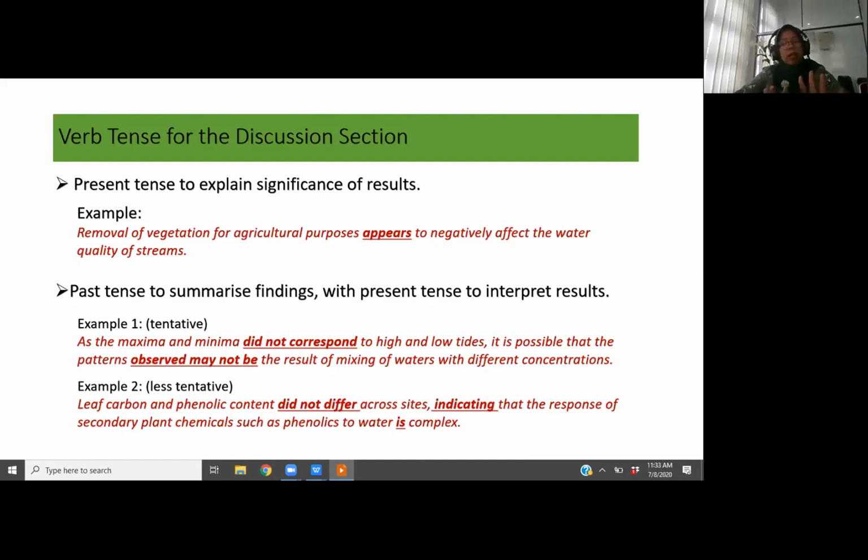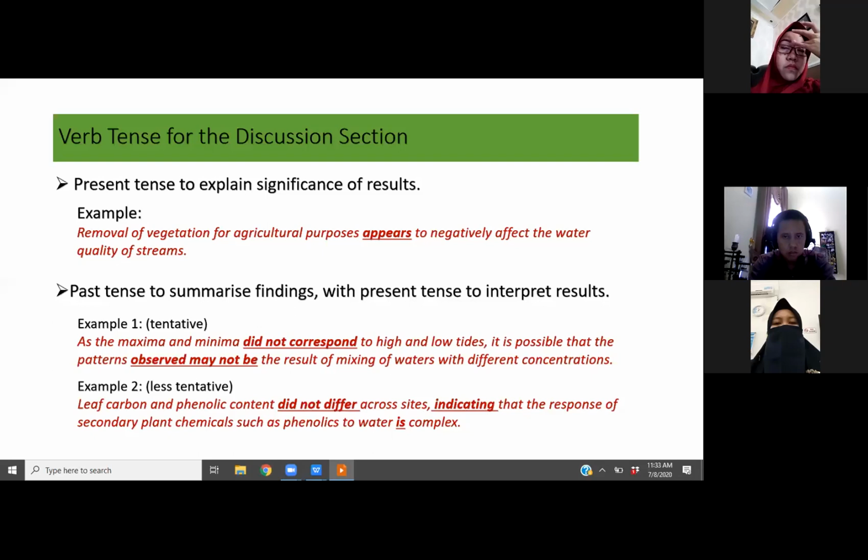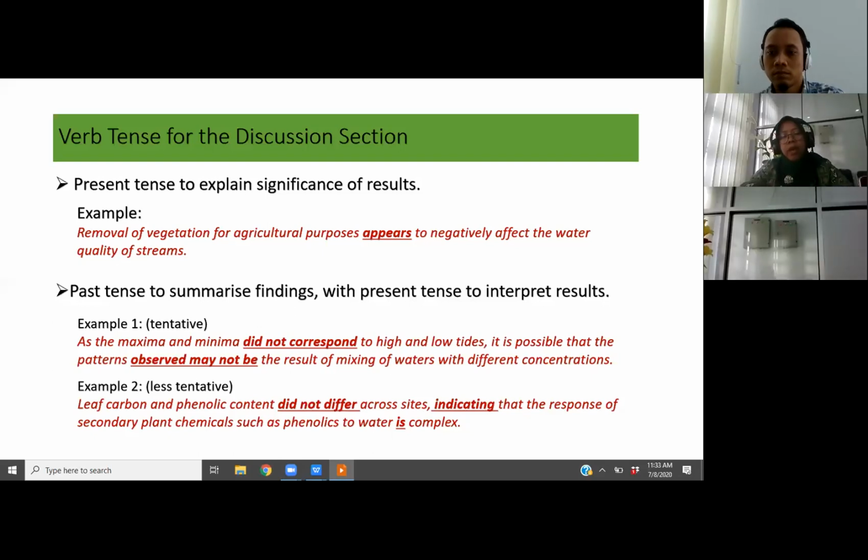So also in the discussion, as far as I know, we cannot make a strong claim here, but we should use something like may not be. It means the result is still tentative. You are not making a strong claim.